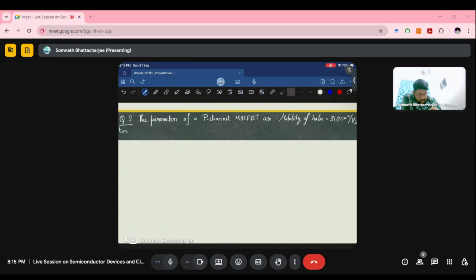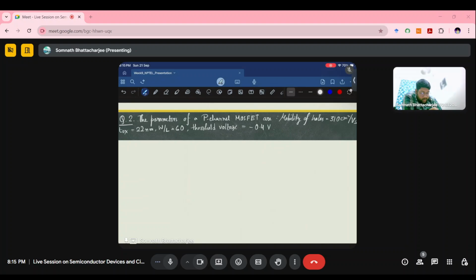The oxide thickness is 22 nanometers. The aspect ratio is 60 and the threshold voltage, VTH, is minus 0.4 volts.